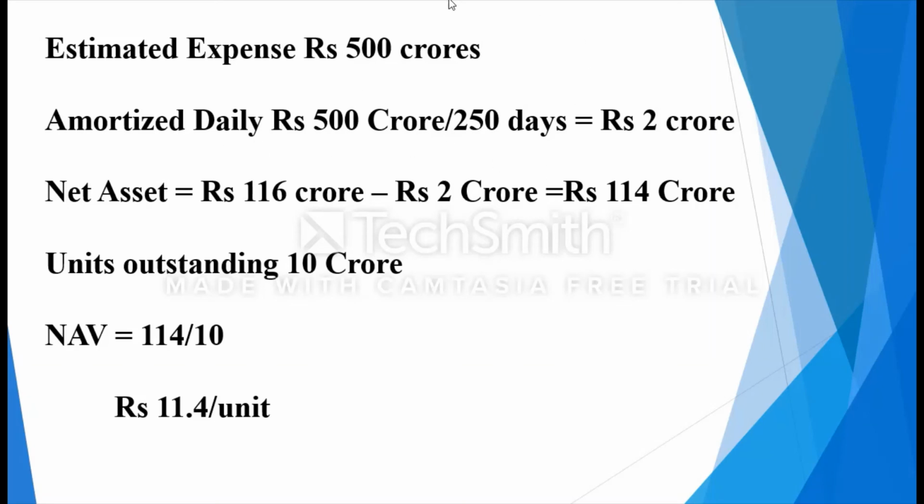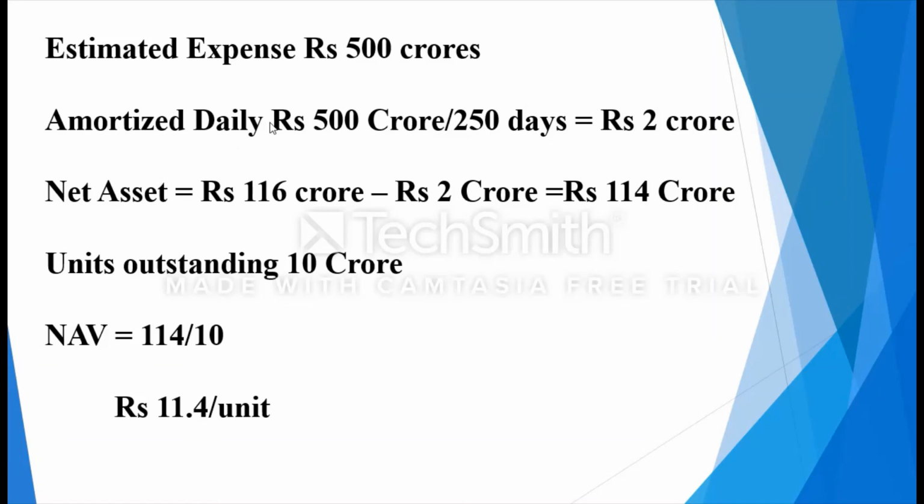Let's assume that the company estimated that we will have an expenditure of rupees 500 crore for the entire year. Now, this 500 crore rupees for the entire year includes management fees, branch expenses, distribution expenses, NFO expenses, all these expenses. These need to be amortized on a daily basis.